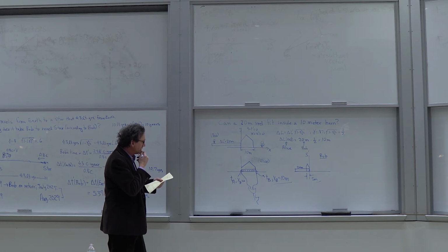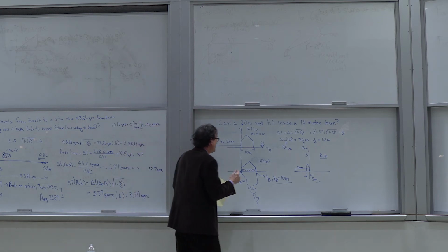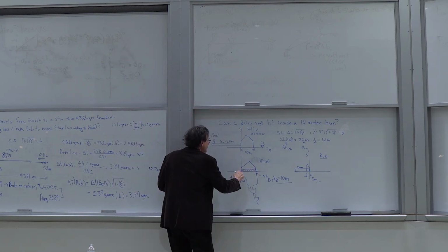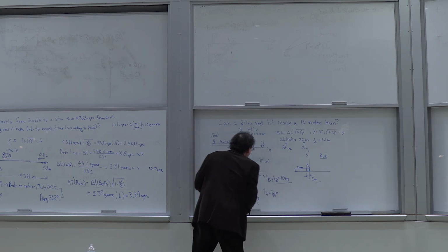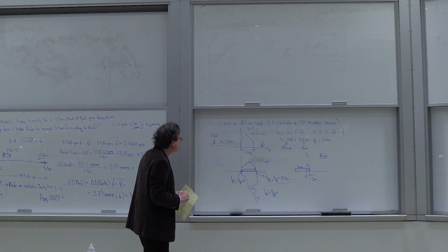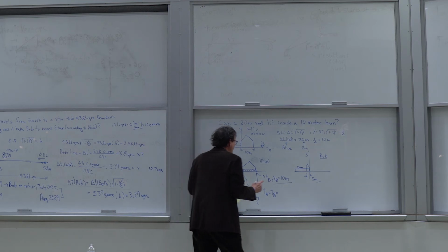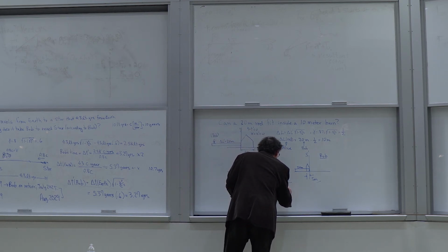That's the basic concept. Now, one of the things we need to know: because of this coincidence, T sub A is equal to T sub B, because in fact the rod does shrink and fits inside the barn. But the time it takes is given by the length of the rod in her frame, which is 10 meters.